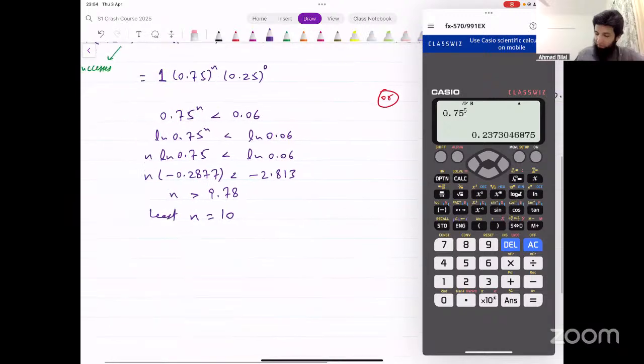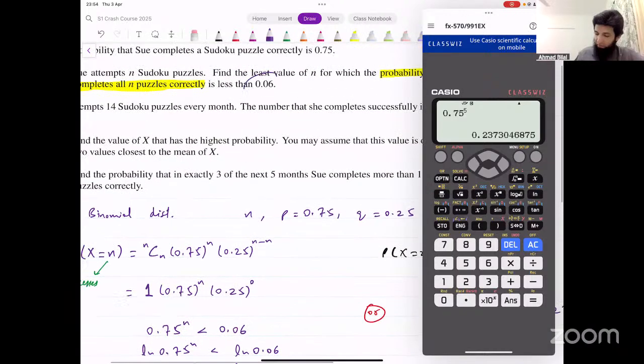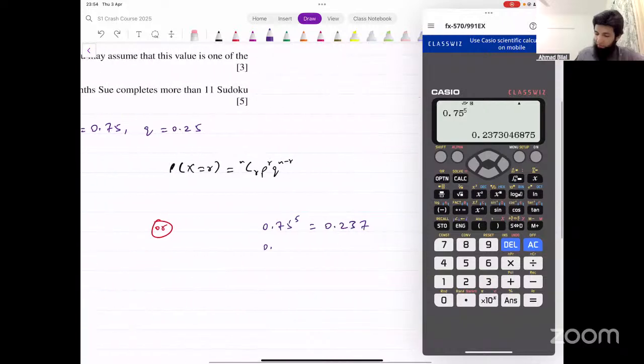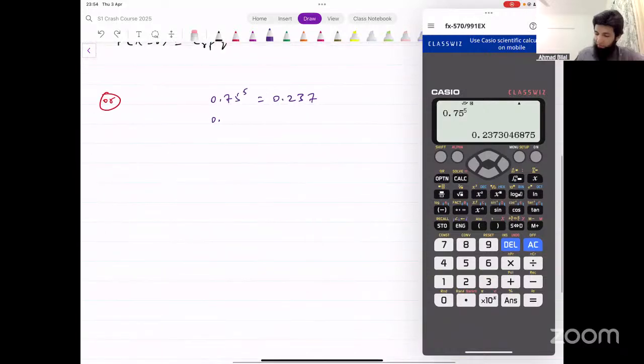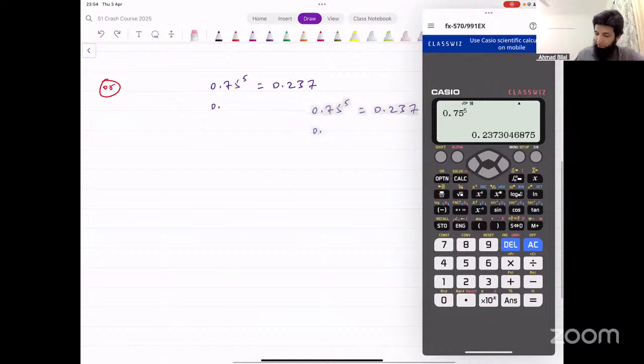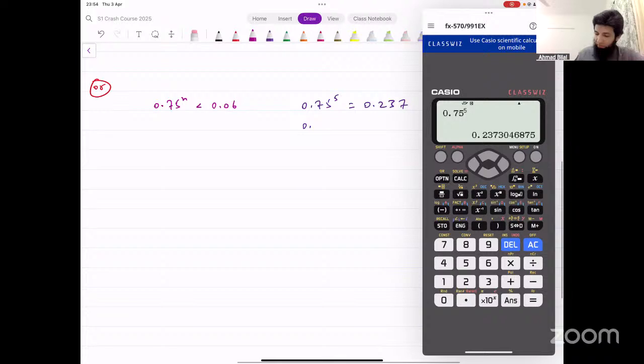We want the number to be less than 0.06. Is this less than 0.06? It's not. The criteria is 0.75 raised to power n has to be less than 0.06, right? That was the inequality. So 5 is not working.